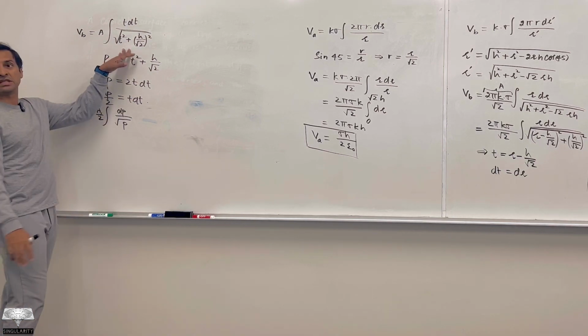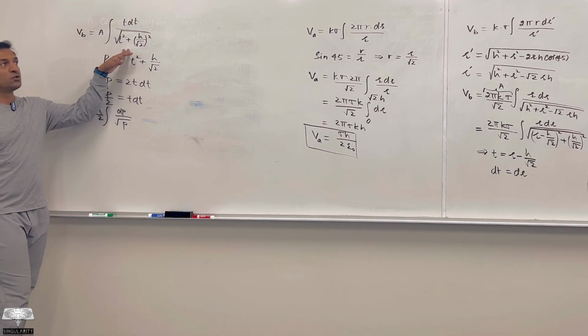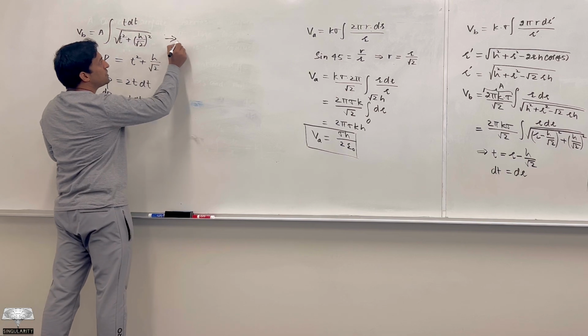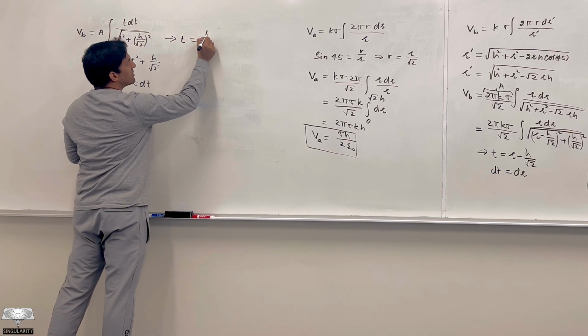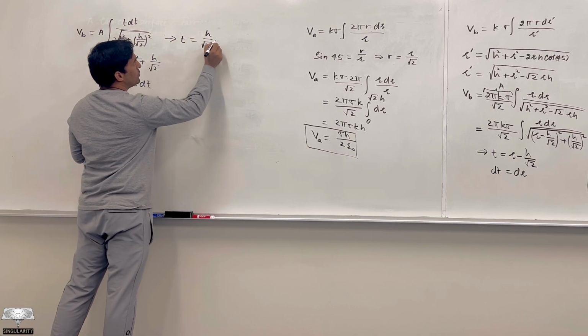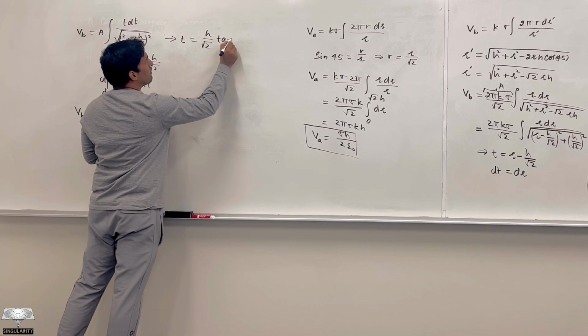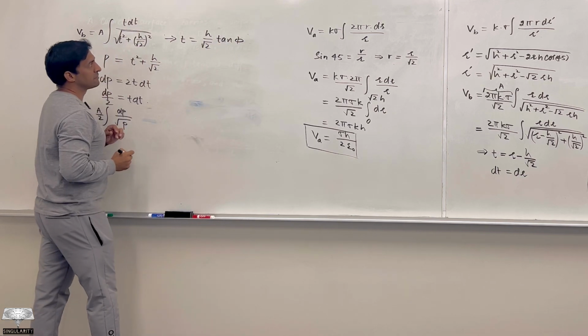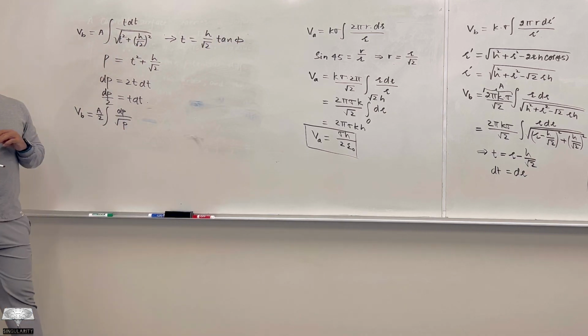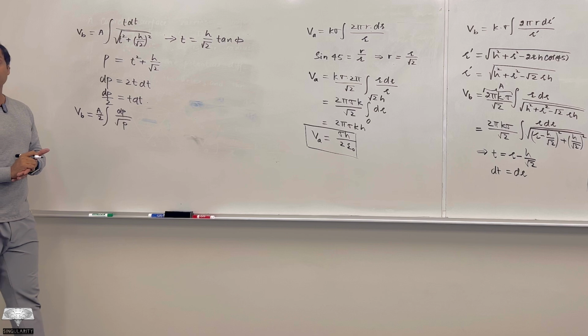At this point, you don't really need to make a substitution anymore. You can just let t equals h divided by square root 2 times tan phi. Then t square will be h square by 2 times tan square phi.